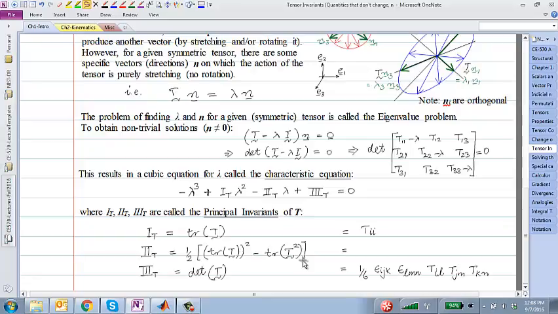Trace of T squared, what primary invariant is that? T_ij T_ji, right? That's the second primary invariant. So I can write that as half of T_ii. And how do I get the square here? Can I write T_ii squared? No. What should I do?